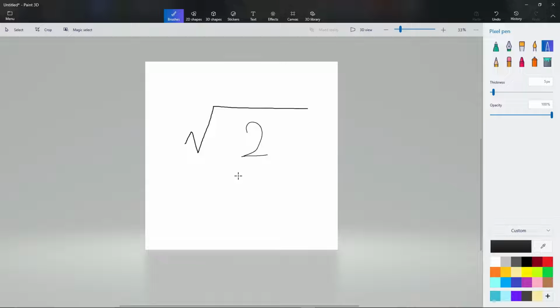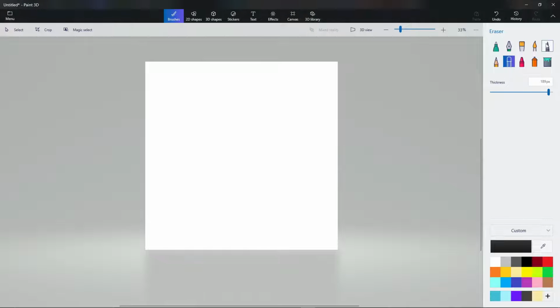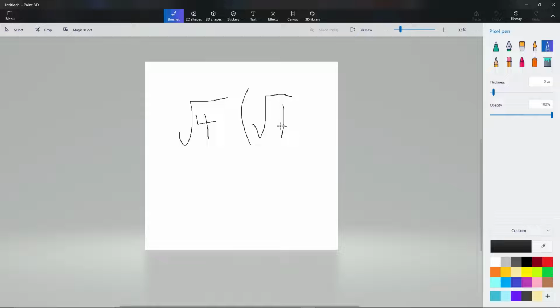By multiplying that number by itself, you will get its number, or close to it. This is defined by a rule where if you take the square root of a number, any number really, and multiply it by itself, you will get the number within the whole box. So the square root of 4 times the square root of 4 will just be 4.